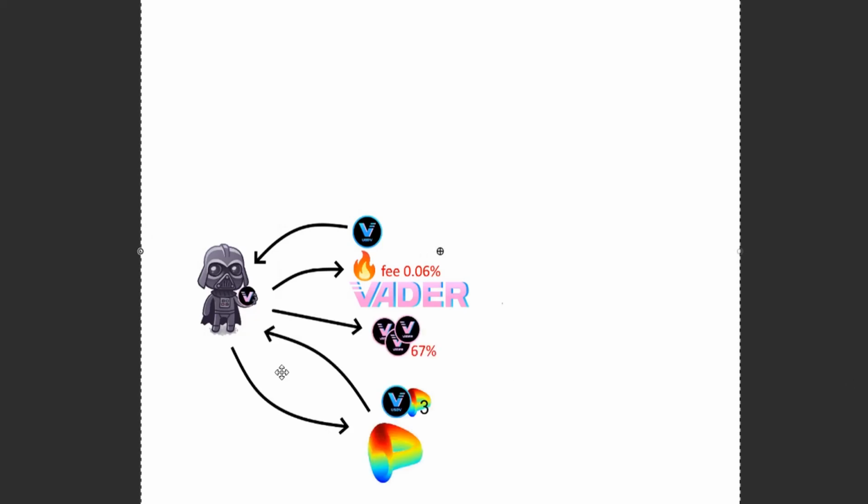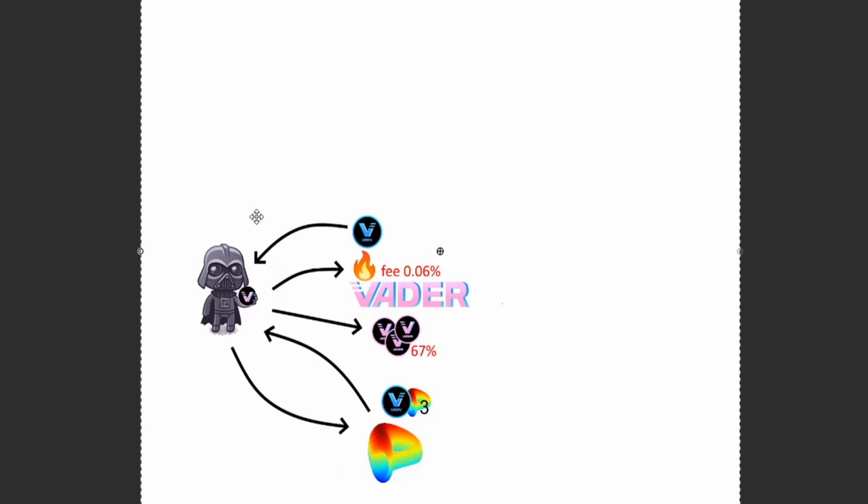Well, the first thing he can do is supply to Curve and get back a USDV 3-pool token. Then he can supply that 3-pool token to VADER Earn and earn about 67% in VADER tokens. So he can just do this over and over. Every week he can claim his VADER, burn those VADER for more USDV, and then add them to this protocol, which is pretty interesting.